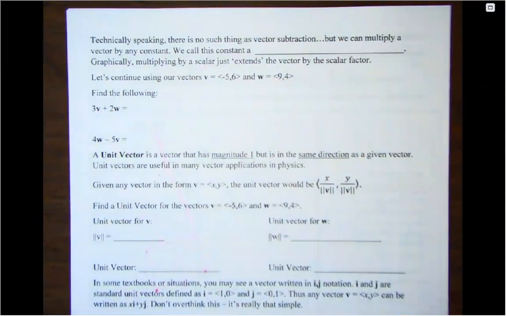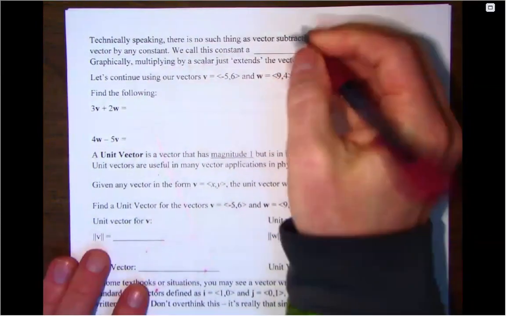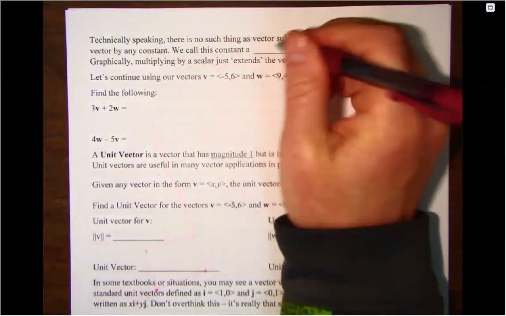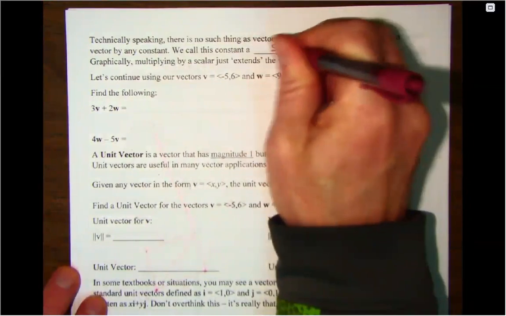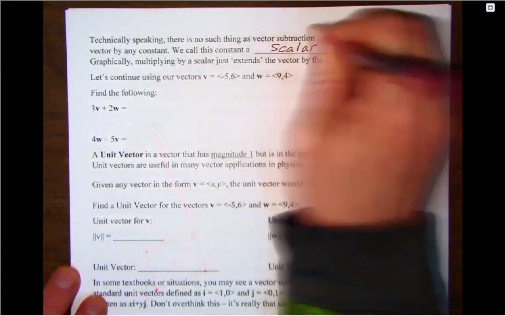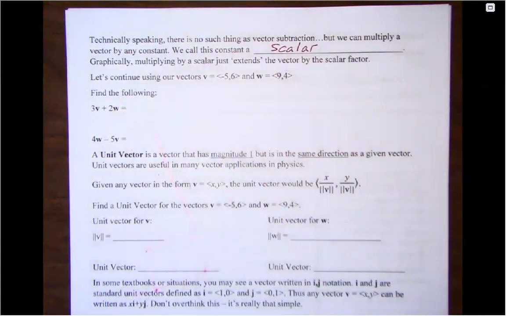So again, there's no such thing as subtraction, but what we are allowed to do with vectors is multiply by any constant. The name for that constant, and you might have heard this in physics, is a scalar. A scalar is just a number. It doesn't have direction.